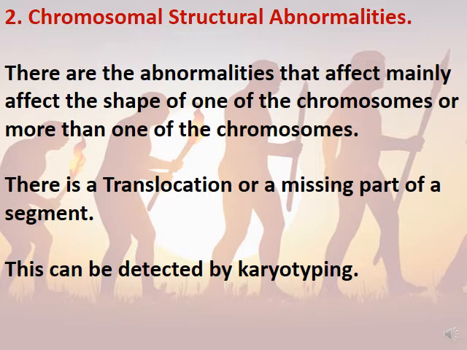Or we have a missing part of a segment, like in cri du chat, the crying cat syndrome. So they have a missing part of the chromosome. This can be detected by the karyotype.